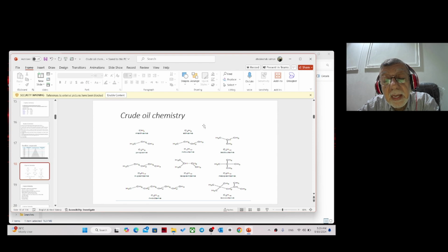The last 3 letters are A-N-E. So methane, ethane, propane, butane, pentane. Then this is pentane, normal pentane. This is isopentane. This is neopentane. And this is octane, and this is also isooctane.